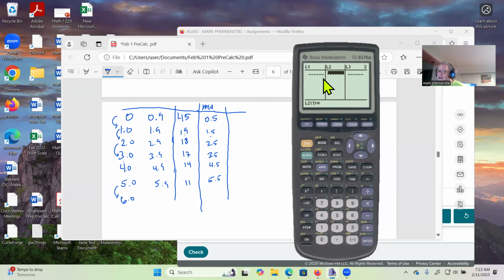Now, when you're entering your data, do not move your cursor. Don't use the arrow key to go up to the list two and delete that. If you do, it'll screw up a lot of your calculator, and to be quite honest with you, I don't know how to fix this. It's not going to break it, but everything you do after this, you're going to have to put in a specific list. Your calculator might give you some funny statistics for a little while. So do not do this.